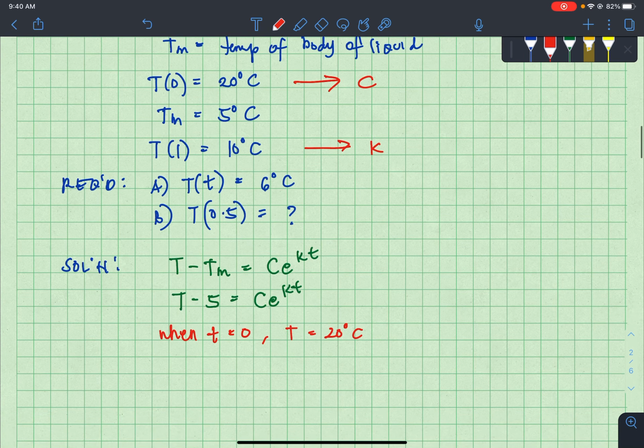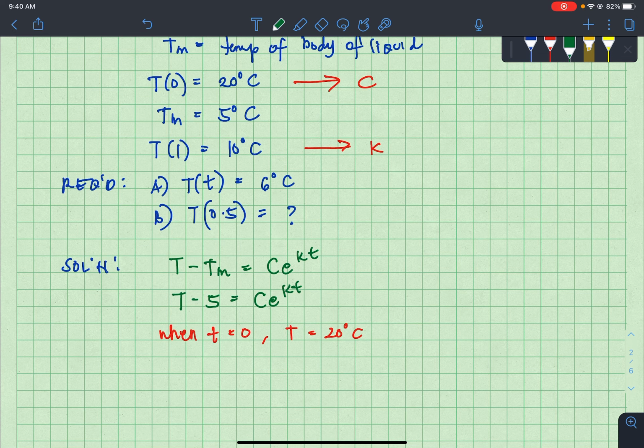However, this doesn't follow that since time is 0, C is already our T. It's not the same case as with that of growth and decay, because the formula that we are using here involves the temperature of the environment, which we need to subtract.